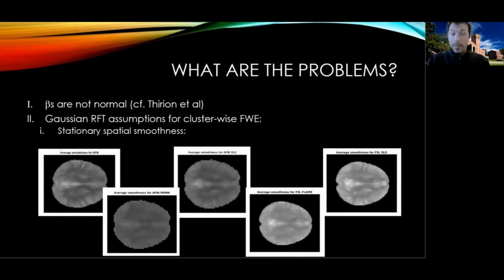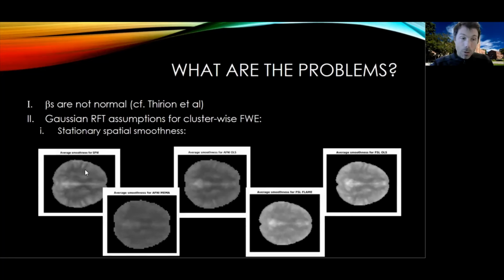As you can see from this image here, the whiter each voxel, the color of the voxel indicates how smooth the data are in that region. So what you would want is for all of this to have the same color. Instead, as you can see, there's a lot of variance over space in terms of the smoothness.